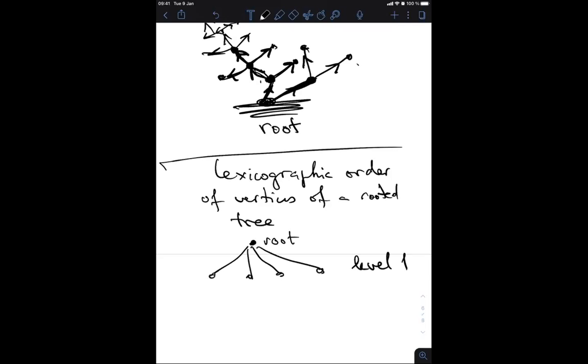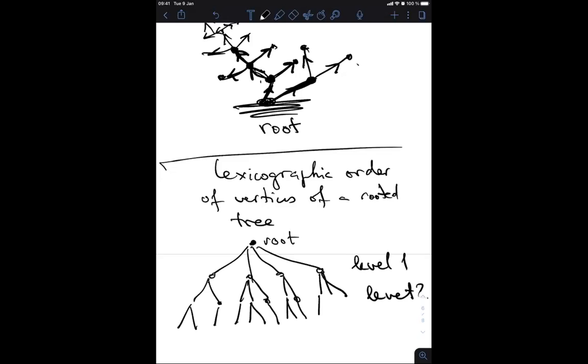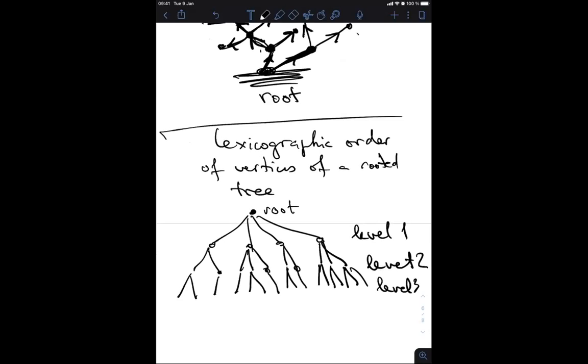Now to vertices of level 1, we have some vertices of level 2, for example, like this. Now to these guys we have, I don't know, some level 3. So maybe some guys die here. There will be no further children. Some guys still continue, and do like this.